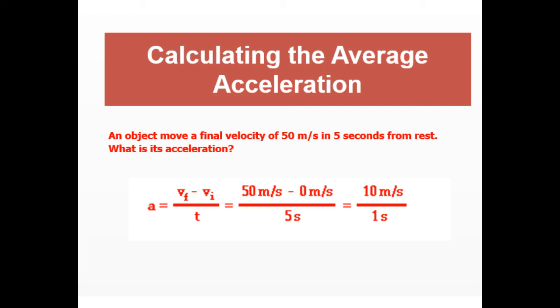Since, as I have mentioned, acceleration is a vector quantity, it should have a direction associated with it. However, the direction of acceleration actually depends on two things: whether the object is speeding up or slowing down, acceleration and deceleration, or whether the object is moving in the positive or negative direction.